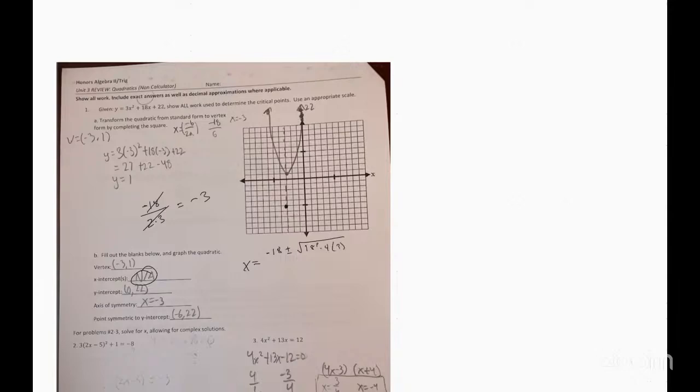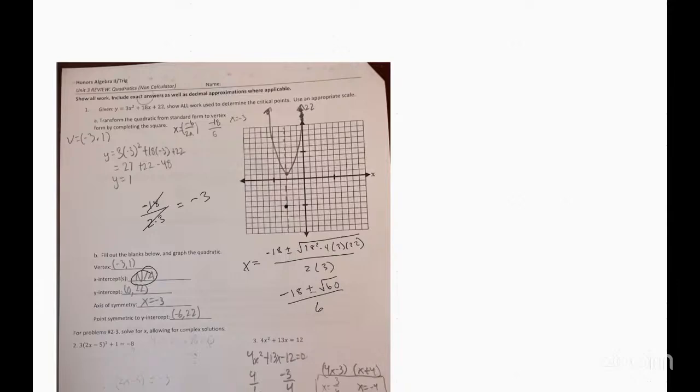And 18 squared minus 12 times 22 is positive 60. So it is a positive number, so you are going to have 2 zeros. Okay. Got it? So those are your answers right there.